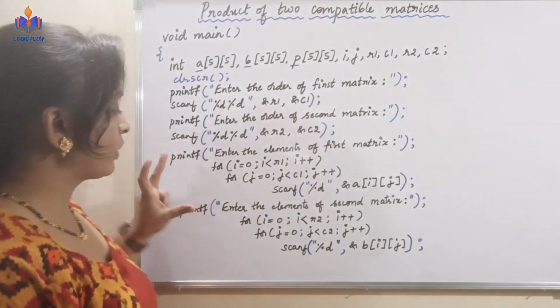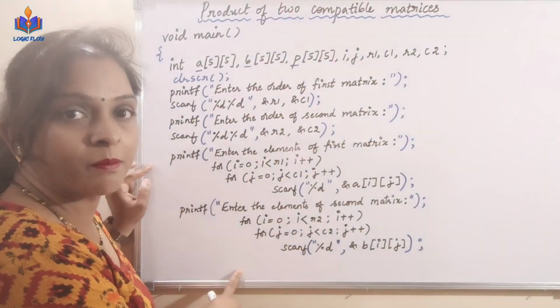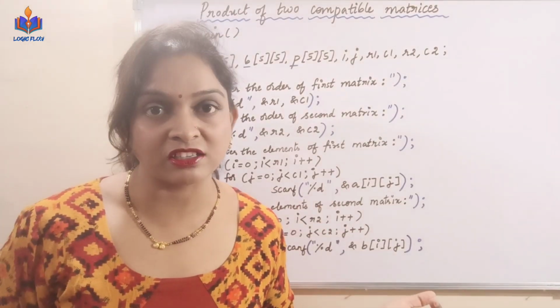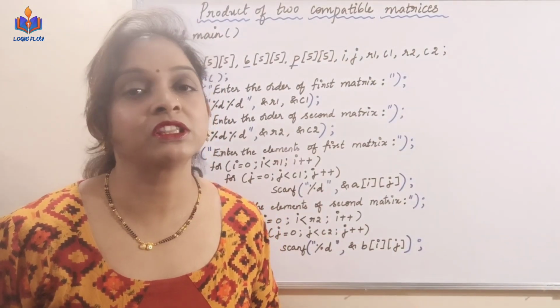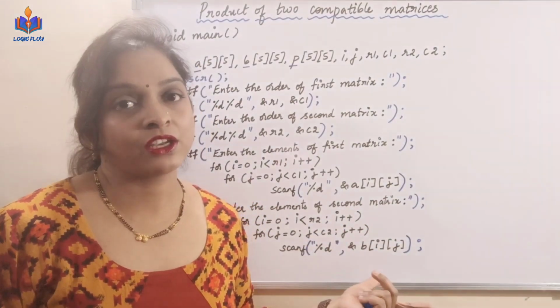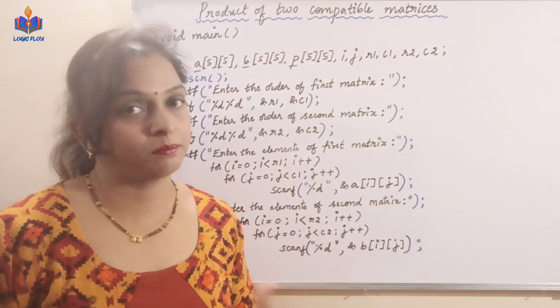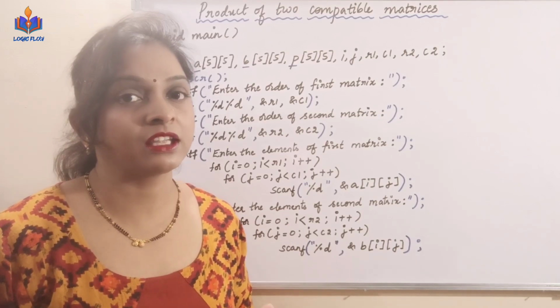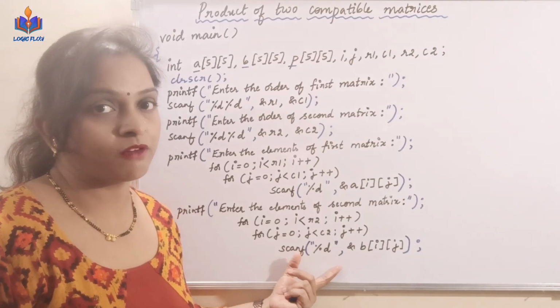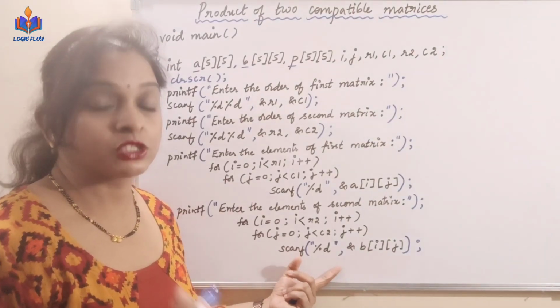Then we are going to read the elements of the two matrices. We all know how to read the elements of the matrices. Those who have any doubts about reading the elements of a 2D matrix can check out the playlist. I have given the link in the description. You can learn how to read the elements of a 2D matrix, a 2D array.